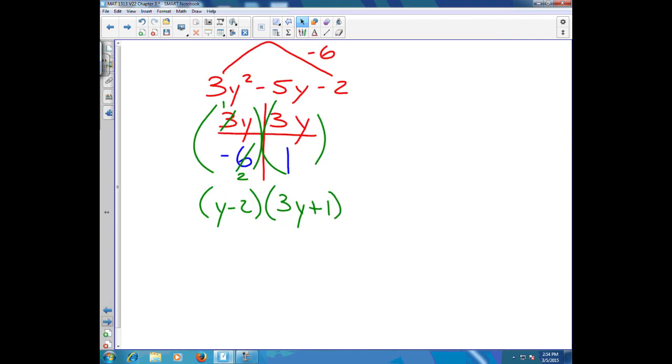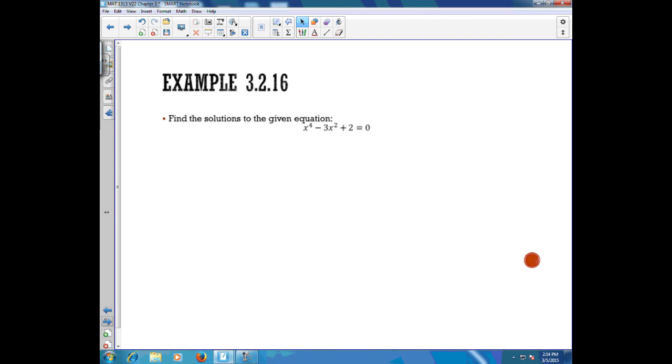If we try another example, now we have x to the 4th minus 3x squared plus 2 equals 0. Now this thing's not quadratic, but it's set up to look like a quadratic. And so to solve this, we can still factor, but our factoring has to be just a little bit different.